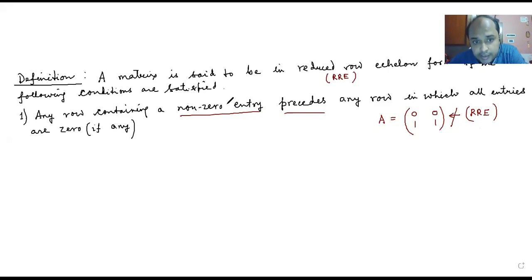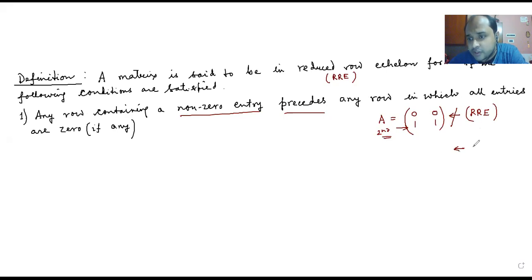Any row containing a non-zero entry, this second row was containing a non-zero entry, precedes any row in which all entries are zero. But here you have written the row with zero entries first and the row with non-zero entries second. So therefore it is not in RRE form.